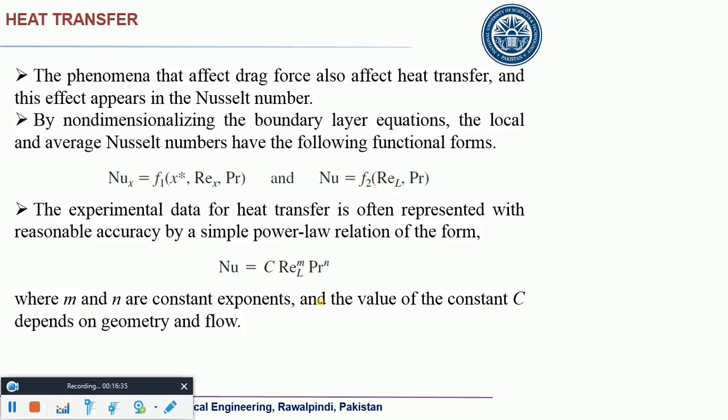Okay, and then Reynolds number and Prandtl number, they would have their own coefficients, exponents, powers. Those powers are experimentally determined. So you see, this C coefficient depends on geometry and flow conditions. Okay, you would see wherever we define the relationship between Nusselt number and CF, we would have this kind of relationship.